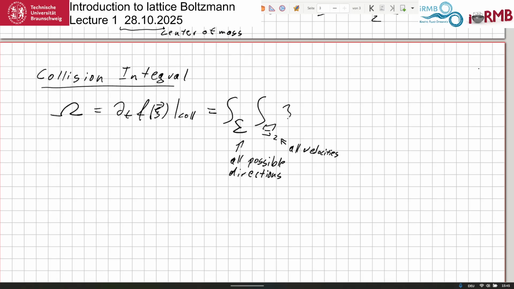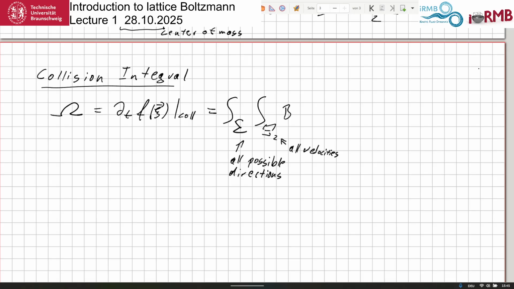So then comes something that I'm not going to explain in a lot of detail here. There's a kernel function that is related to what we call the collision cross section.